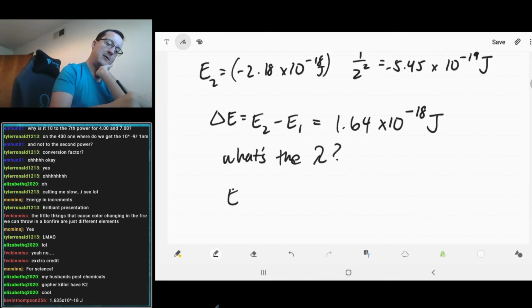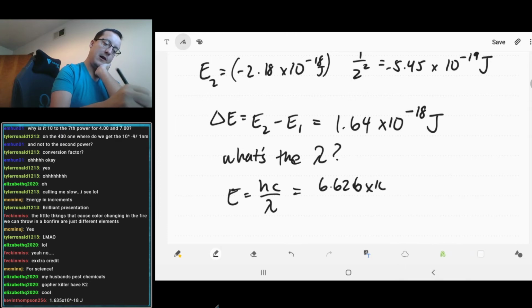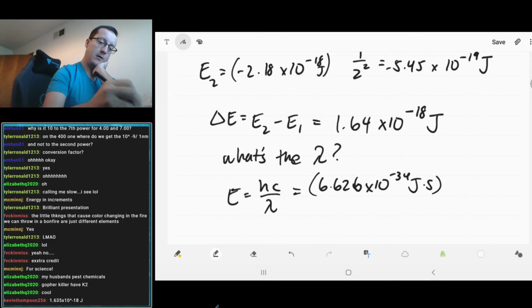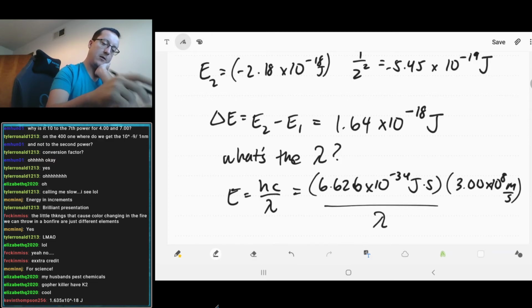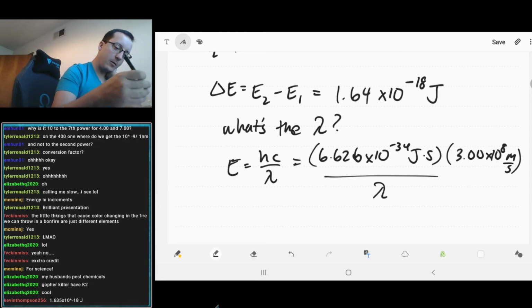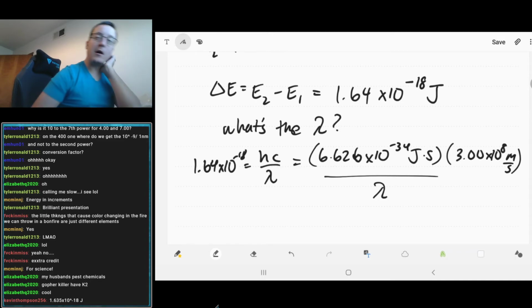Remember that E equals hc over lambda. So 6.626 times 10 to the negative 34 times 3.0 times 10 to the 8 over lambda, just put 1.64 times 10 to the negative 18. Okay.